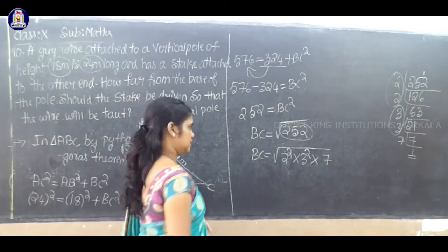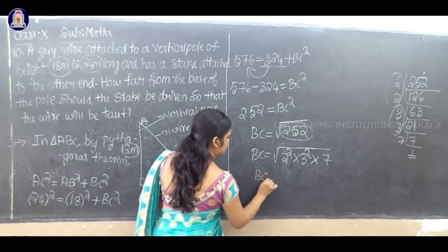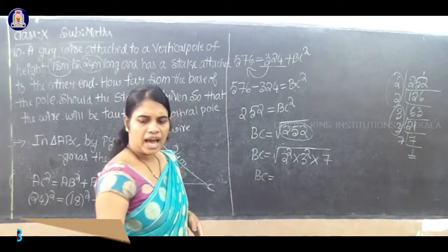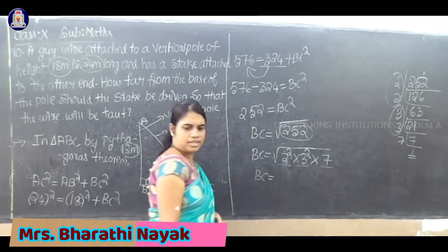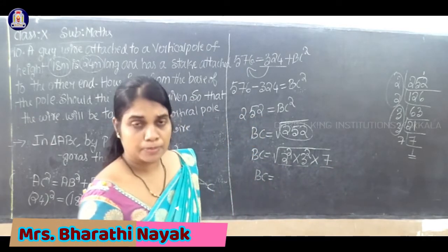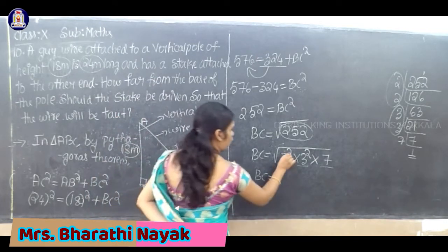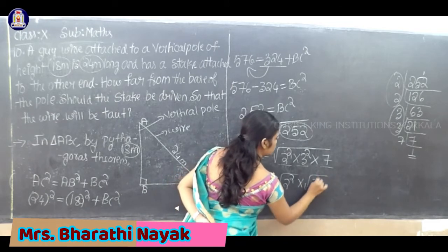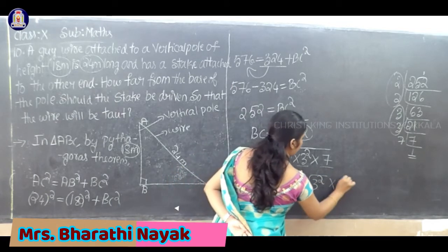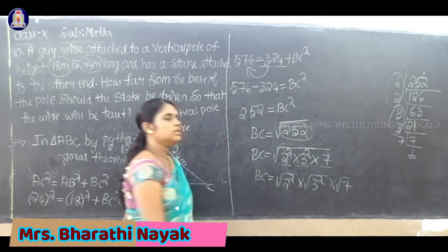Next, BC is equal to, now here we have 3 terms, 1 2 3, isn't it? So now I'll split these terms. Square root of 2 square into square root of 3 square into square root of 7.